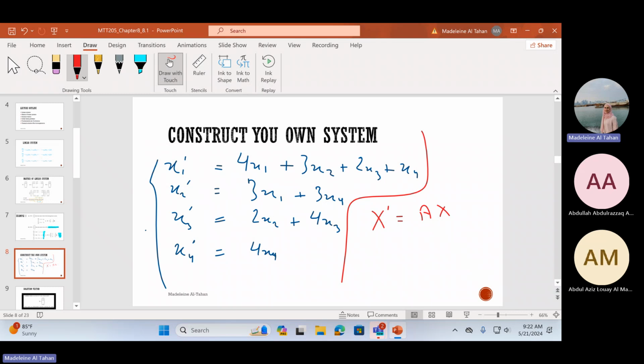So you will write here X1, X2, 3, 4 equal the matrix 5. Okay. 3, 0, 0, 3.